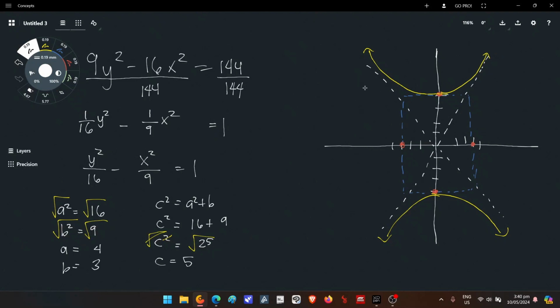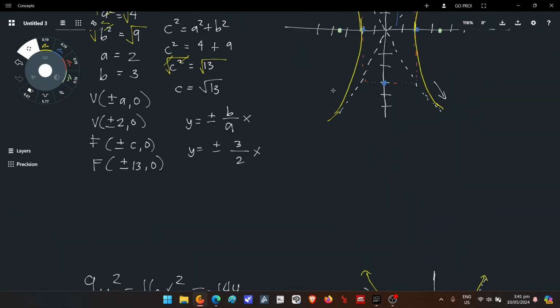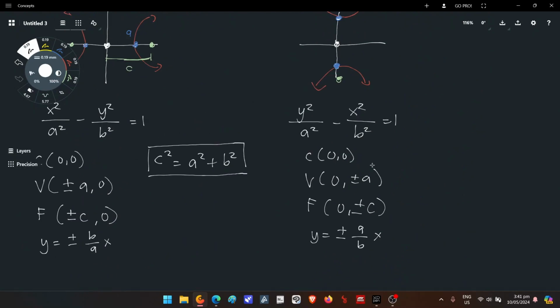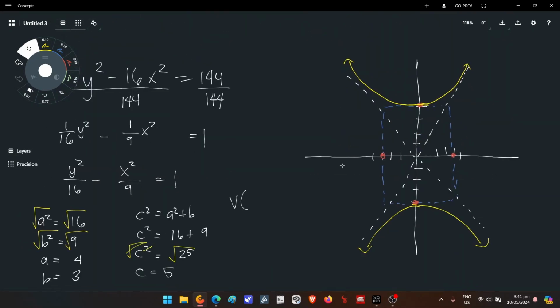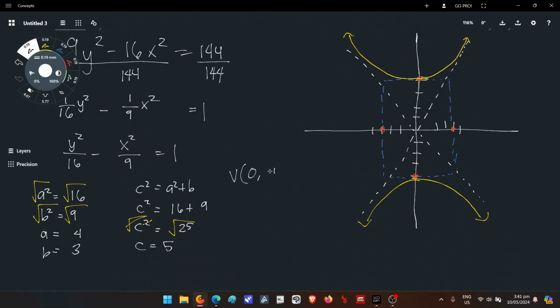Now we're going to find the vertex. The vertex for this kind is 0, positive negative A, and our A is 4.